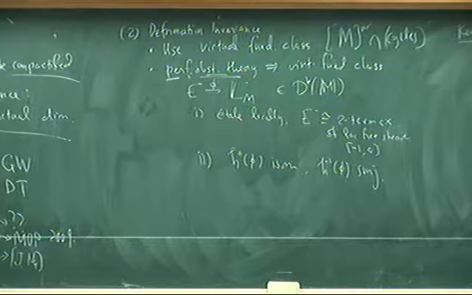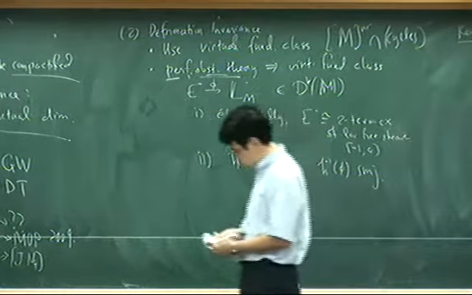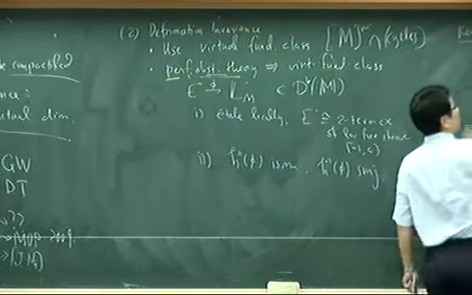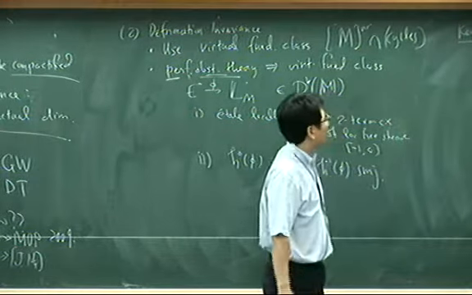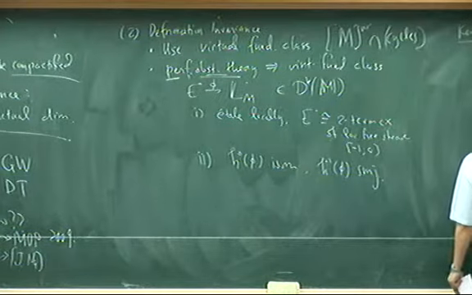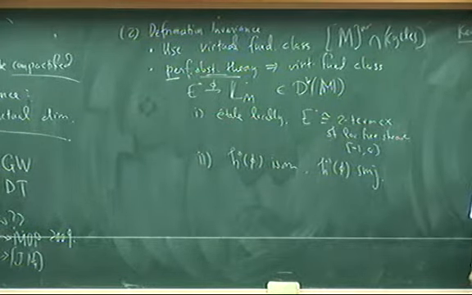How can we handle virtual fundamental classes? There are various methods here. The most famous and most powerful technology for handling the virtual fundamental class is something called localization by torus action.